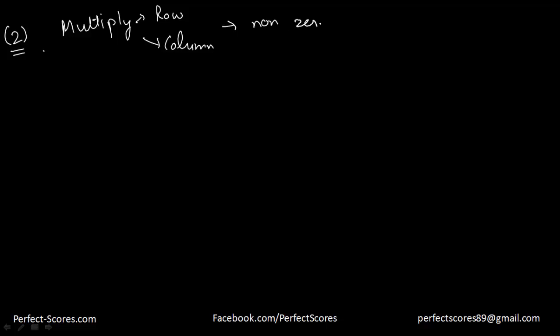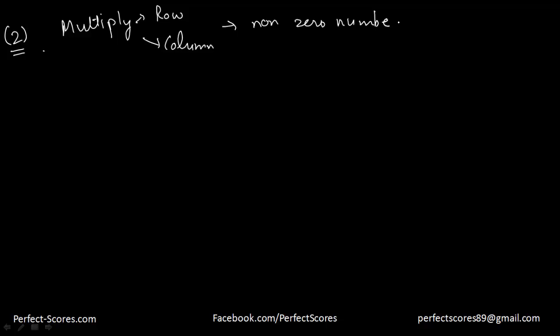The second one is the multiplication of the elements of any row by a non-zero number. You can multiply a whole row or a whole column with a non-zero number. You don't multiply with 0, you multiply with a non-zero number.